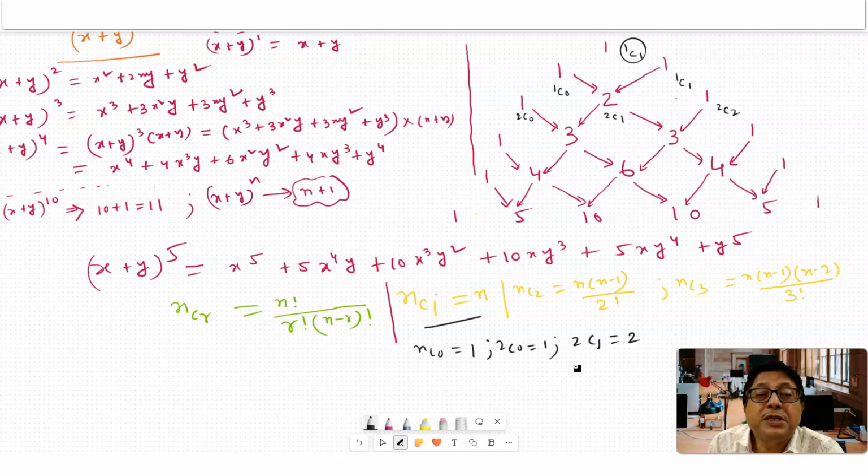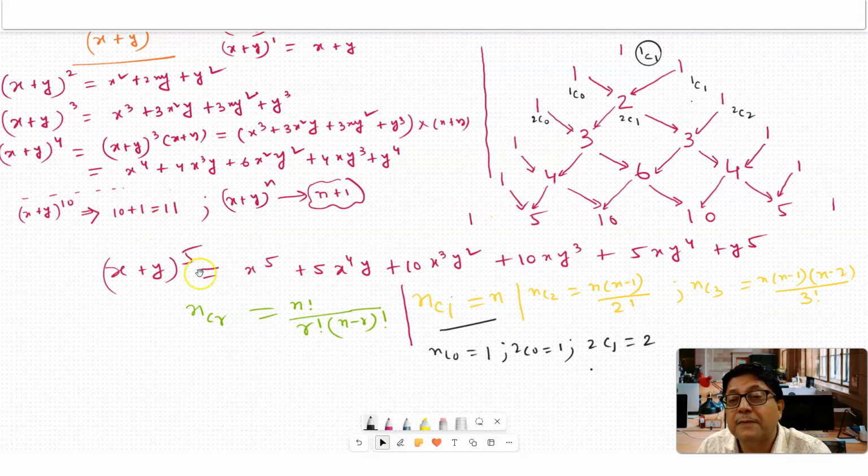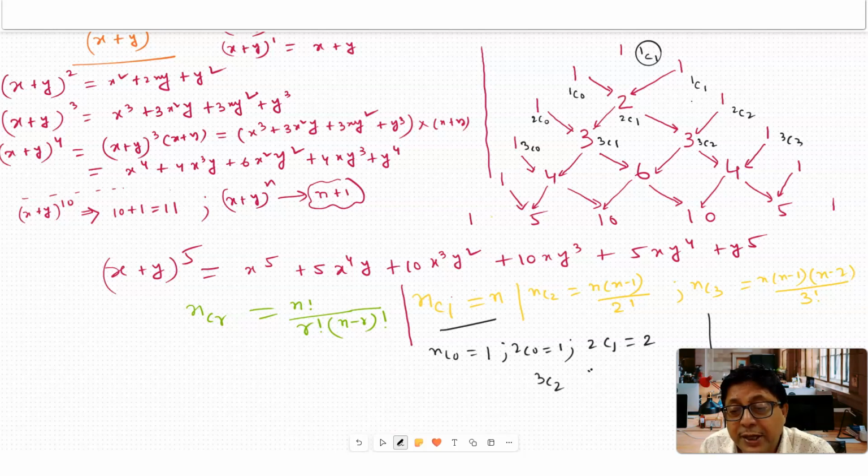And this is the arrangement for index 3 over there, x plus y to the power 3. So let us write in terms of 3CR here. This will be 3C0, this will be 3C1, 3C2 and 3C3. We have used these coefficients. Why? Just check once. 3C2 is what? You put n equal to 3 over there. This is going to be 3 into 3 minus 1, 2, by 2 factorial, answer is 3.